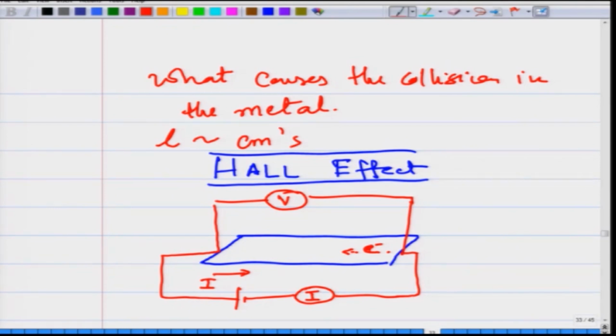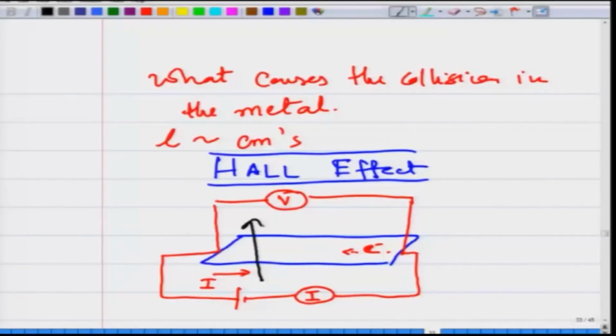Okay. Now, apart from this configuration, we will add something extra to this. You have applied an electric field and the system is responding to that electric field by generating a current, and you know the current-voltage relationship which we calculated through the resistivity in the earlier lectures.